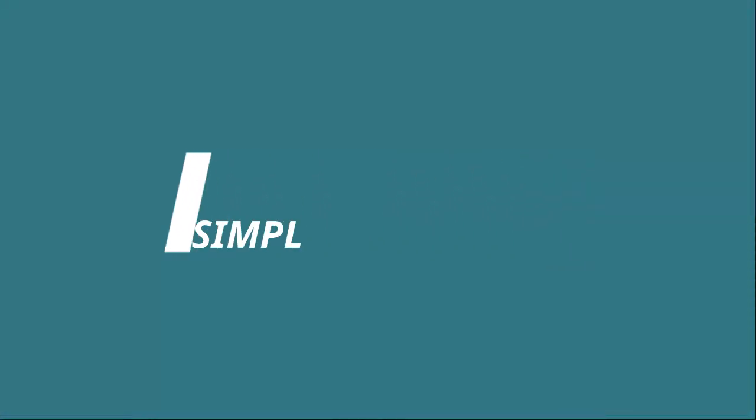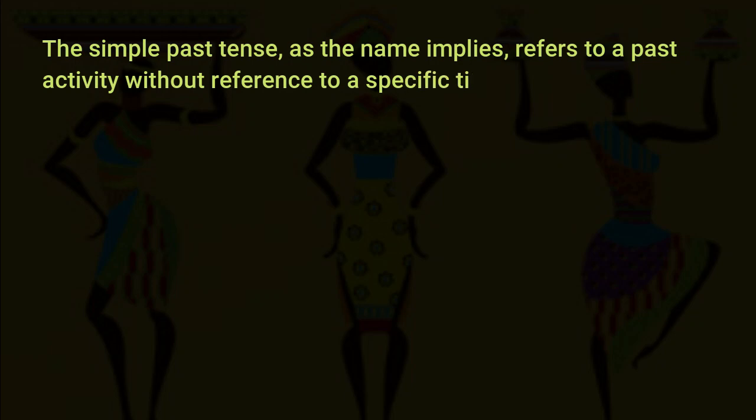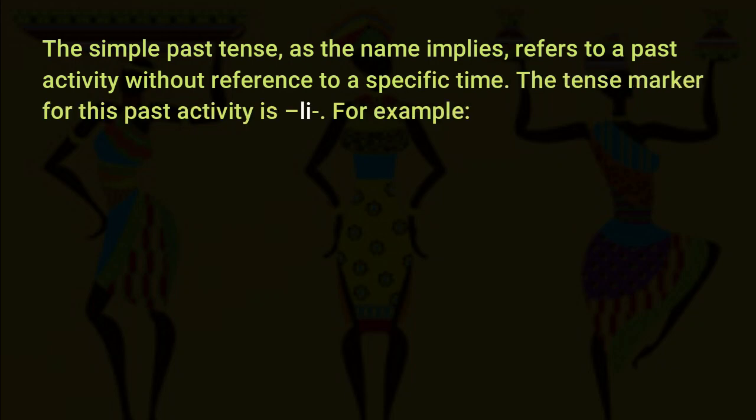Okay, so let us move to simple past tense. The simple past tense, as the name implies, refers to a past activity without reference to a specific time. The tense marker for this past activity is li.